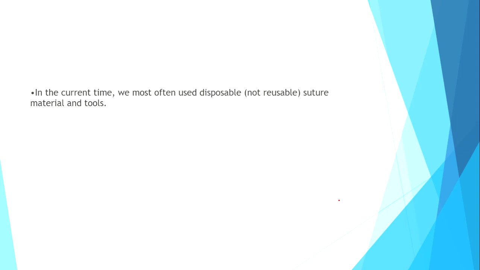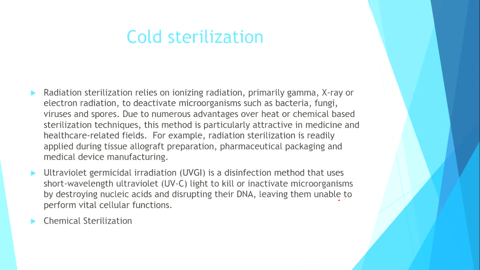Nowadays, we most often use disposable, not reusable, suture materials and tools. We have another type of sterilization, which is called cold sterilization. Radiation sterilization relies on ionizing radiation, primarily gamma, X-ray or electron radiation, to deactivate microorganisms such as bacteria, fungi, viruses, and spores.